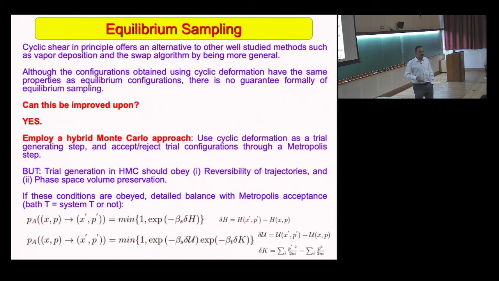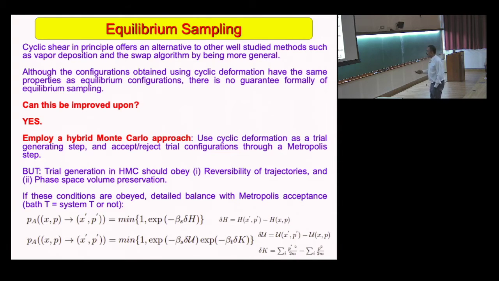But since there is no guarantee, you can ask, and one of our referees did, how can you do this as a well-defined equilibrium sampling method? And the answer turns out to be yes. And the basic idea is you adopt a philosophy that's been employed in hybrid Monte Carlo, where you use molecular dynamics to generate a trial configuration, and then you do normal Metropolis sampling, okay?